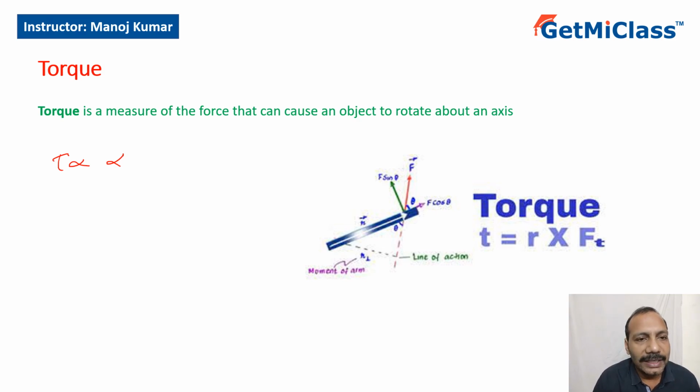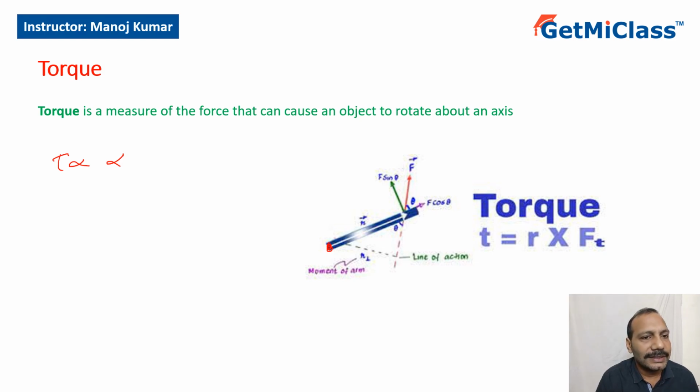Now how do we find the torque? Let's look at this particular situation. We have a rod. I'll assume that this is the point where it is fixed, that is, this is acting as an axis. Now we see that force F is acting at an angle theta to the bar. Now what I do is I find the two perpendicular components of the force, one along the bar and the other perpendicular to the bar.